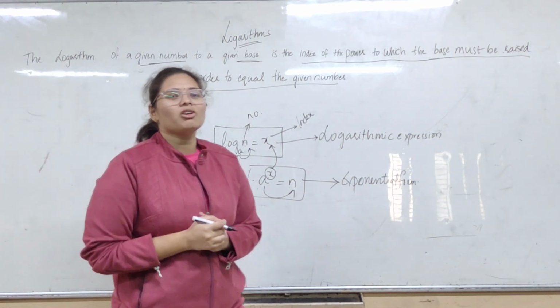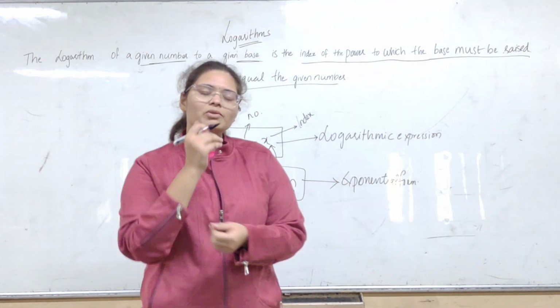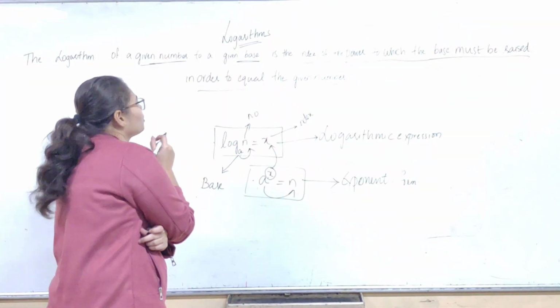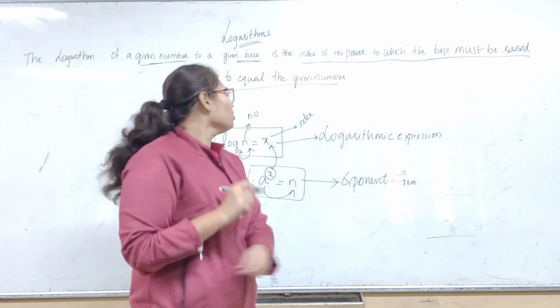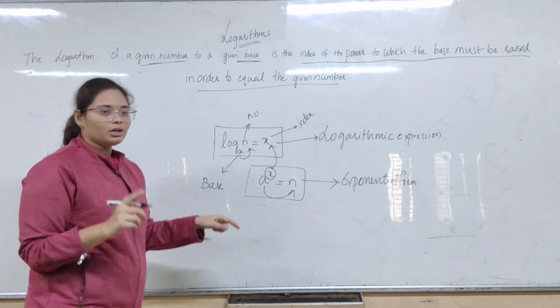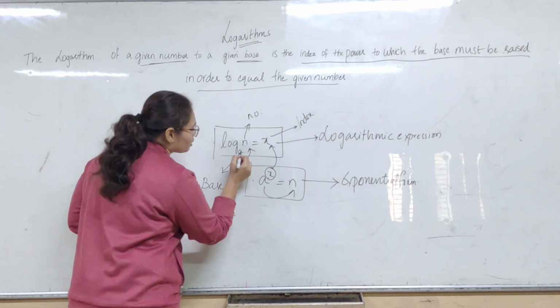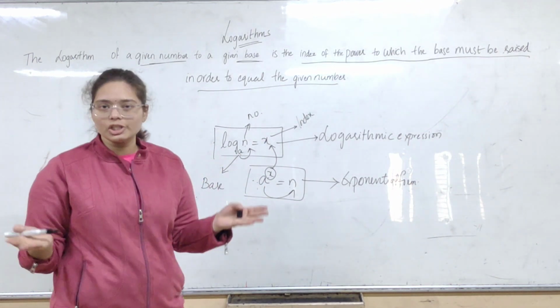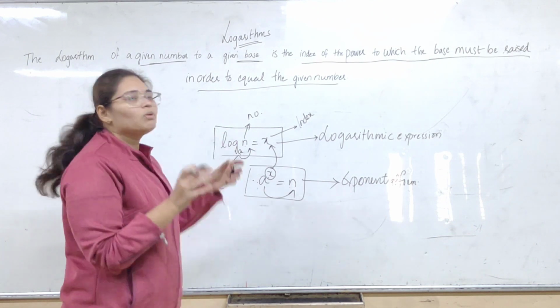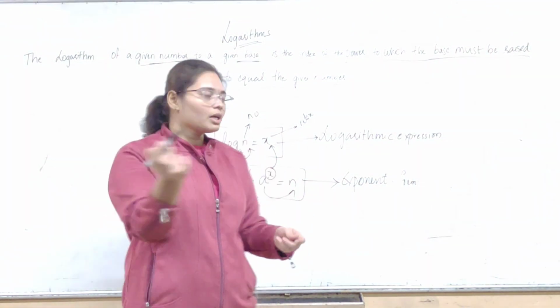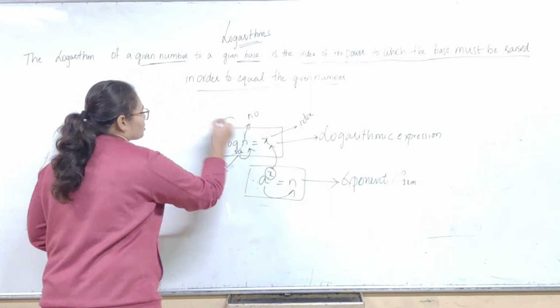Then, why should we study logarithms? If there is no use, why should we study them? So, let's see what the uses of logarithms are. Logarithms are used to solve exponential equations. We have seen that logarithms and exponents are interchangeable. So if we have exponential equations with large numbers or difficult equations, we will be using logarithms.